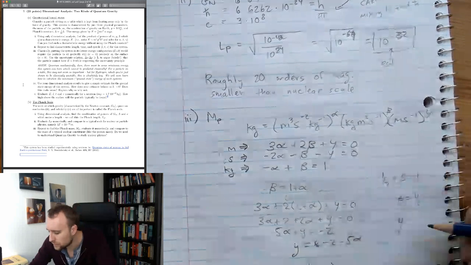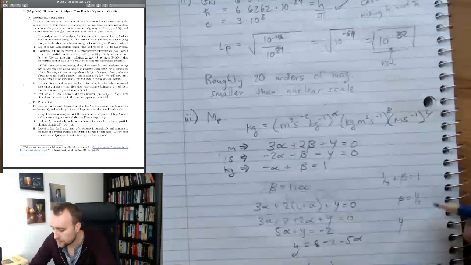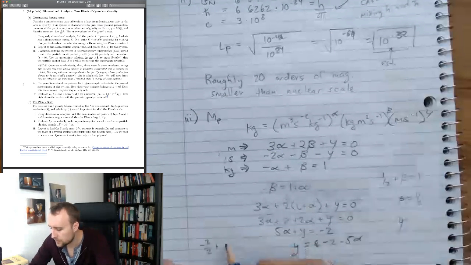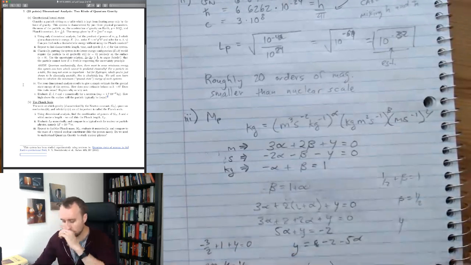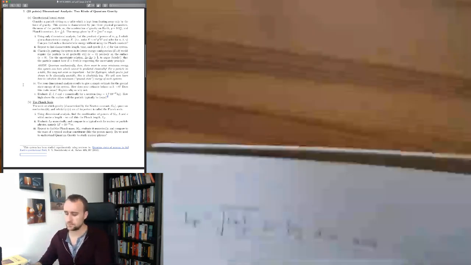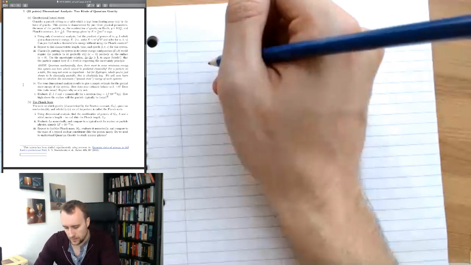And this is equal to, what can we do here? Negative 3/2 plus 1 plus this is equal to 0. So this is negative 1/4. That's equal to 1/2 as well. So let's calculate this out numerically. I'm just going to leave this open on that side. So what do we have?